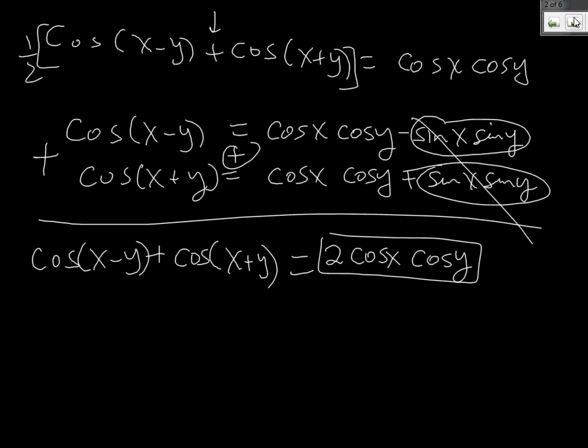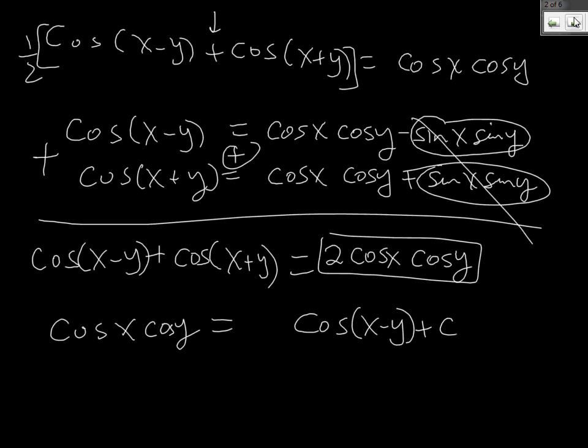Solving for cosine x cosine y by dividing by 2, the right side becomes cosine x times the cosine of y, and the other side becomes cosine x minus y plus cosine x plus y over 2. But instead of dividing by 2, I can multiply by the reciprocal.